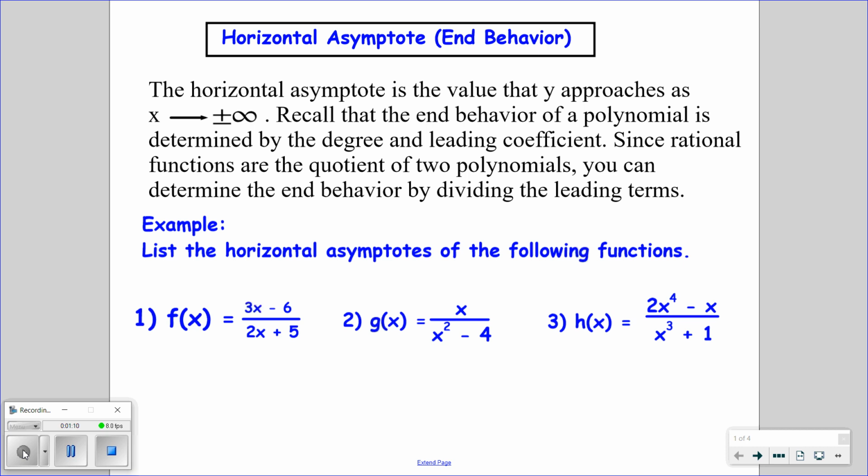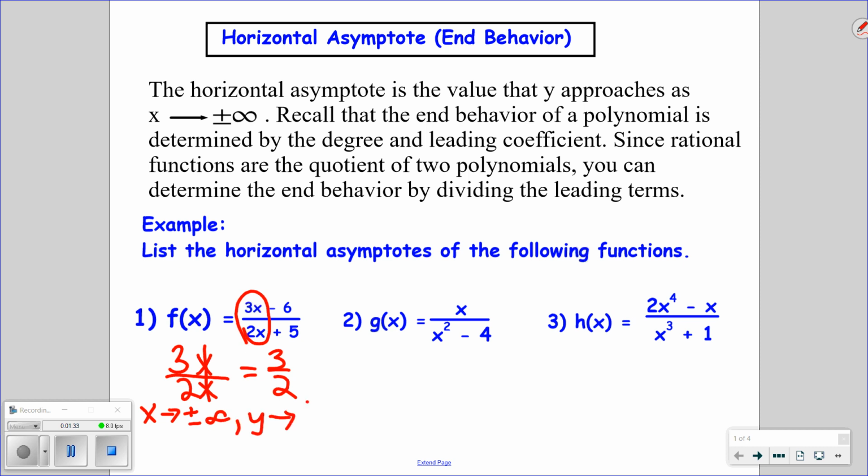Let's look at our first example. So these are the leading terms of the polynomials. So if we take 3x and divide it by 2x, x divided by x equals 1. So this just simplifies to 3 over 2, which means as x approaches positive or negative infinity, y is approaching 3 over 2.